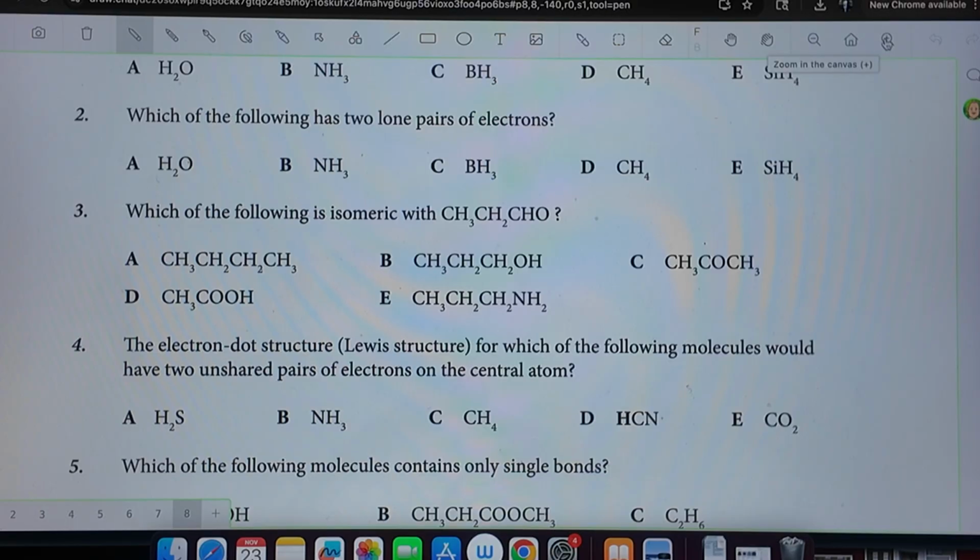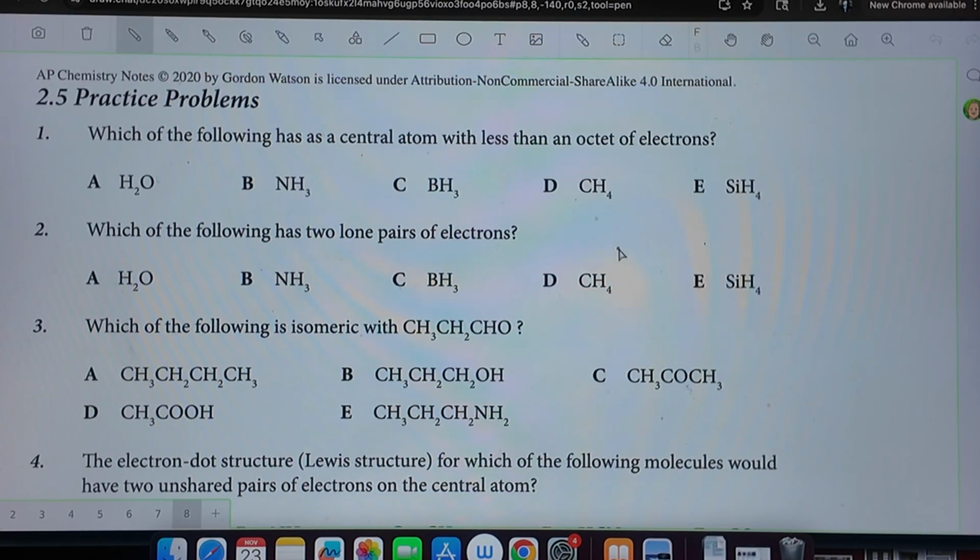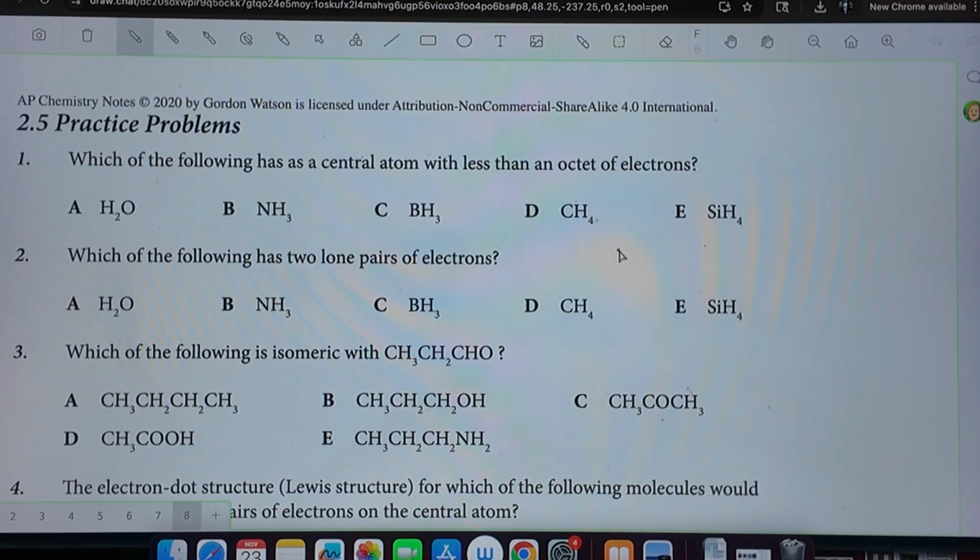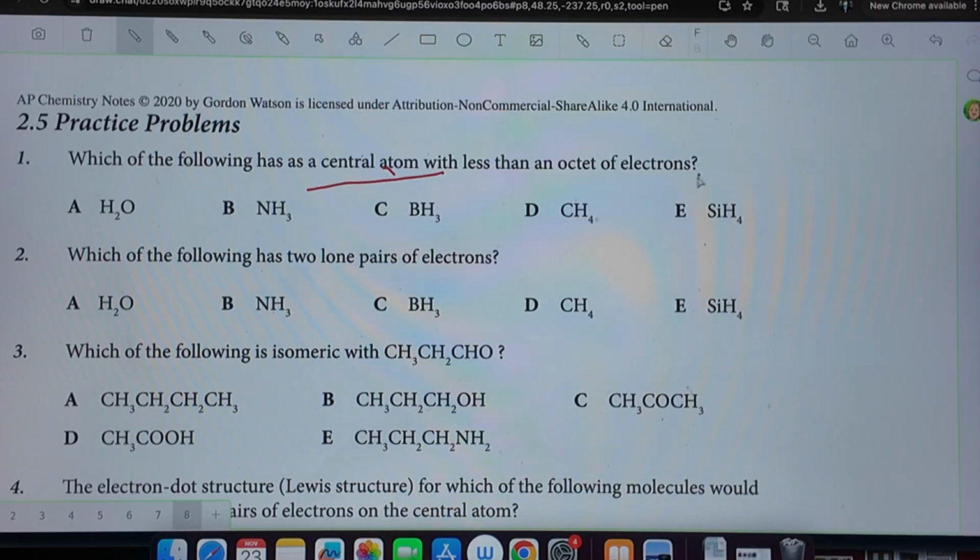Okay, let's see what's going on here. I thought this chapter was very similar to last year, nothing crazy. Which of the following has a central atom with less than an octet of electrons? Let's see the periodic table.